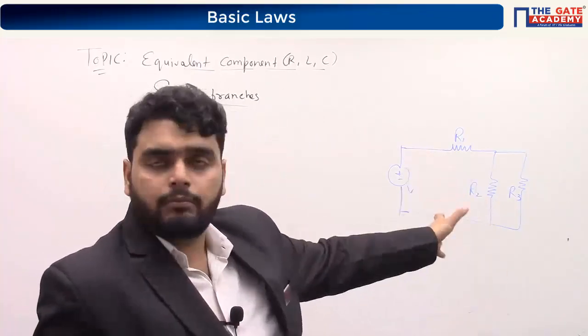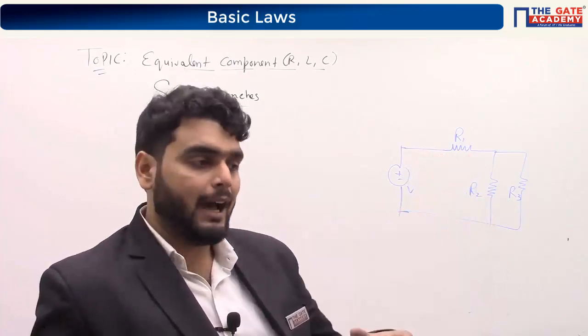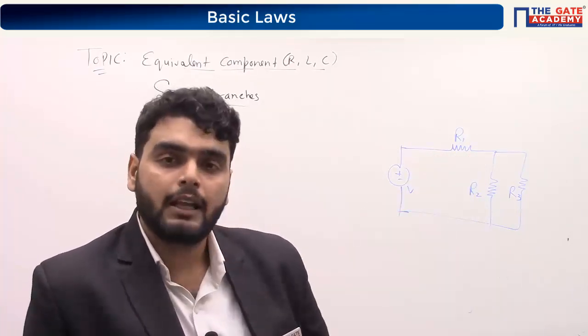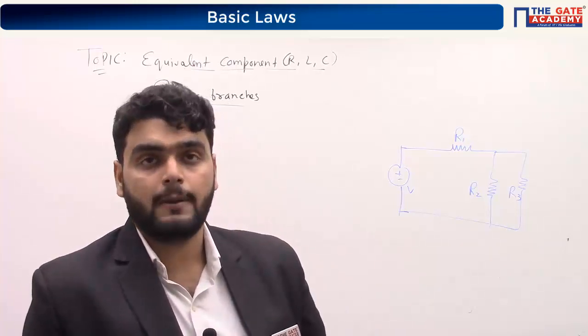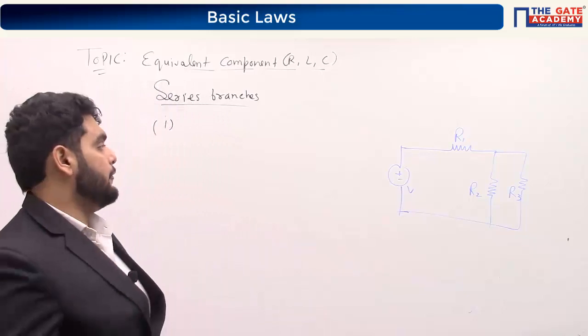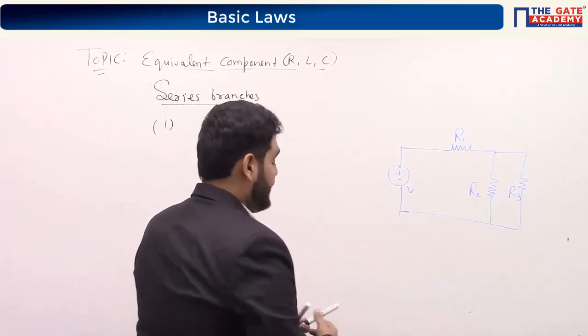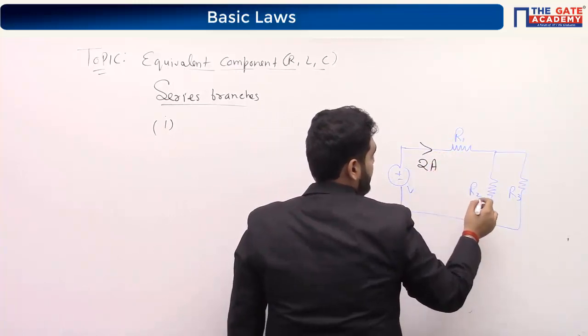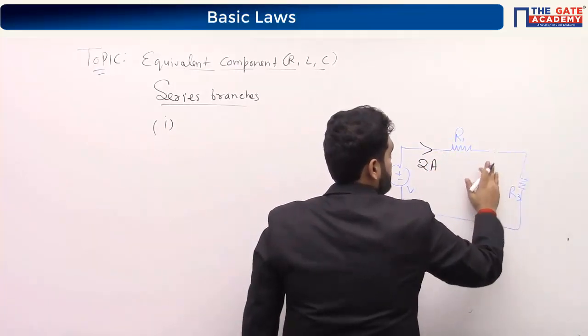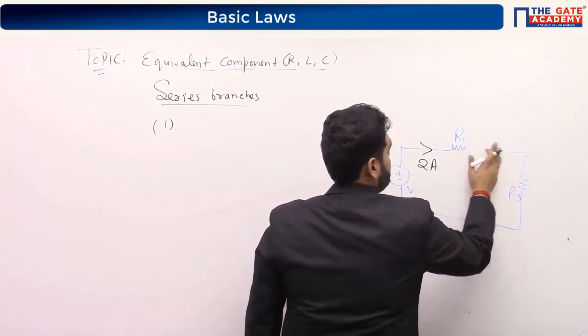Not in this diagram, see in this diagram. I'm just asking, how will you identify the series? So Pooja says the same current flows through it. According to this definition, if somehow I say this is 2 ampere and let's suppose this is 1.